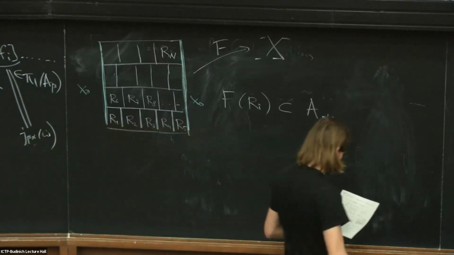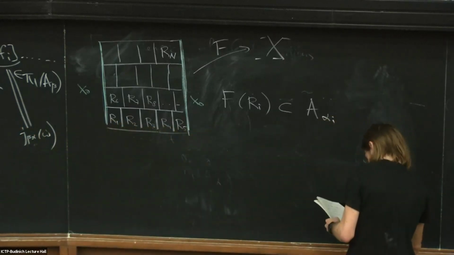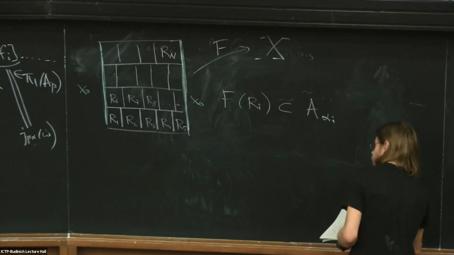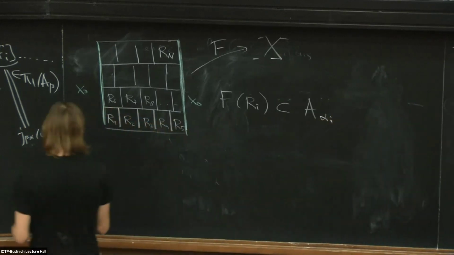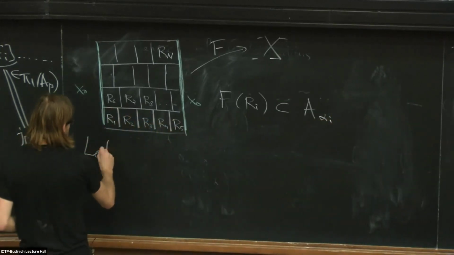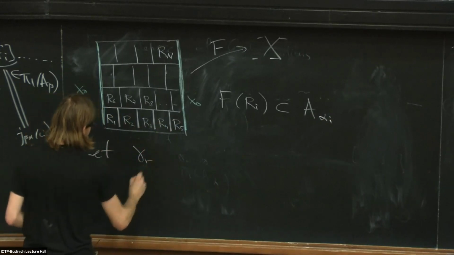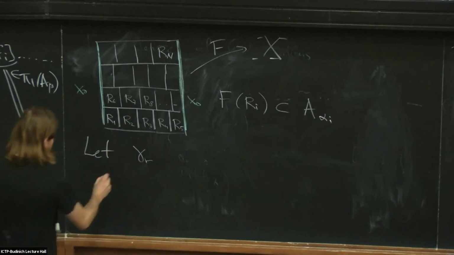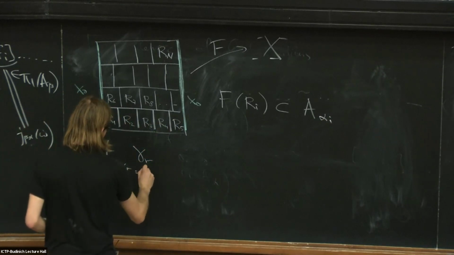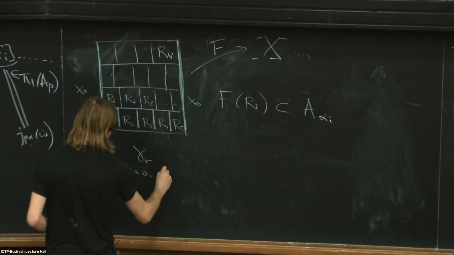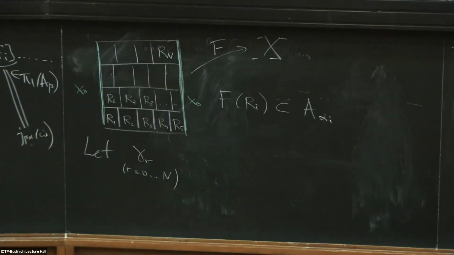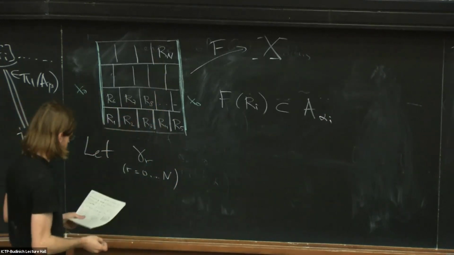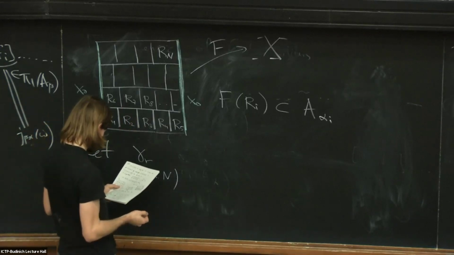And if you consider, for example, now what we want to do, we want to consider some paths. Let gamma r, where r will run from 0 to capital N, and capital N is the total number of the small rectangles in our unit square.